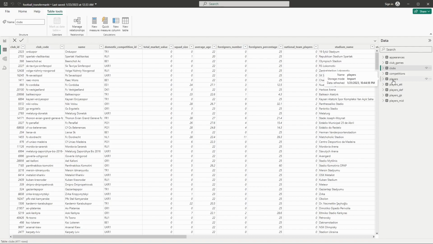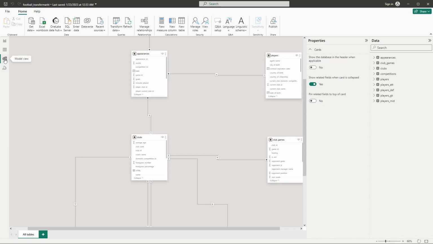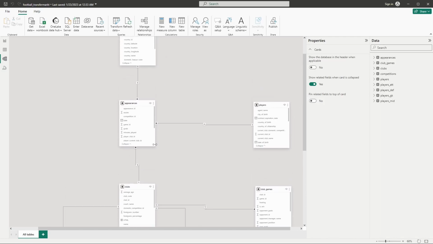And by the way, after I imported these tables, I did some processing. I refined the data. I fixed some of the errors. So basically I made it usable or functional to work with Power BI. And also I had to form relationships between these tables.